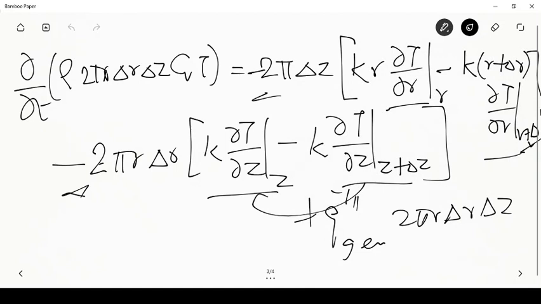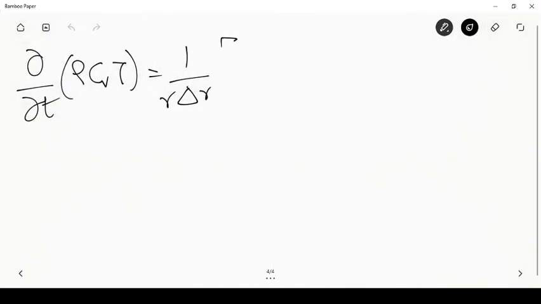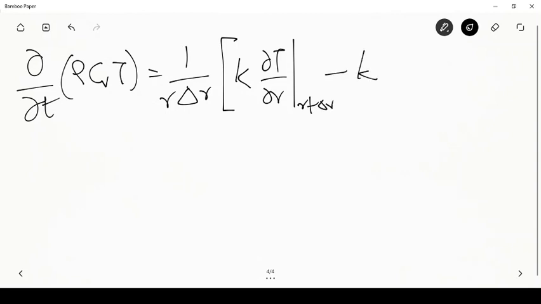If you divide it by 2 pi r delta z, then you will have a 1 by r delta r that will come on the bottom there. 1 by r delta r multiplied by k into del T by del r at r plus delta r minus k del T by del r at r.